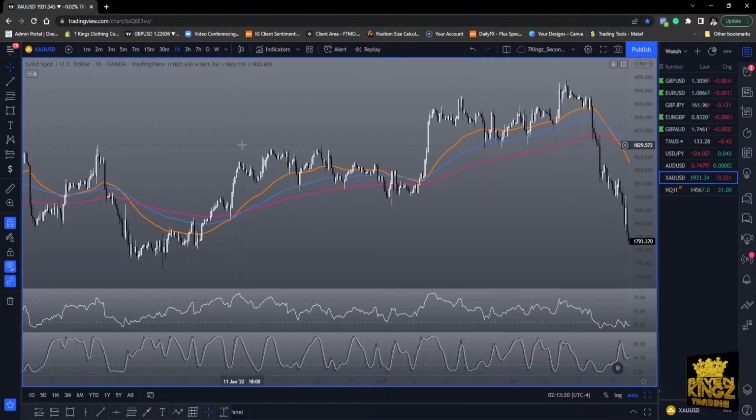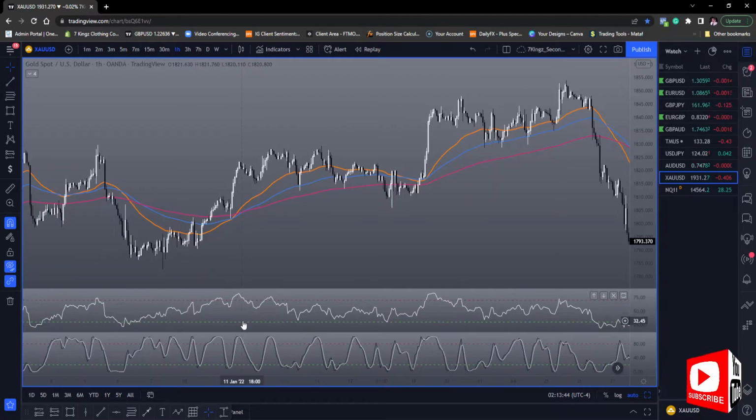You're just waiting around for something to happen to react to it and just hoping that you're on the right side of things. Now, when we come down here, same concept. This is our RSI. We're waiting for this line to get above this line. This line is considered overbought, which there's not such a thing.